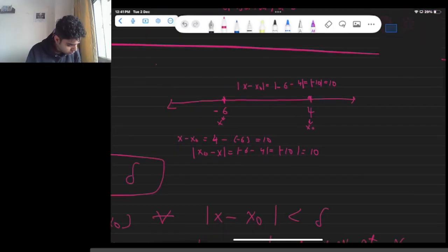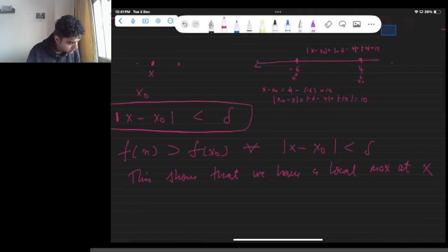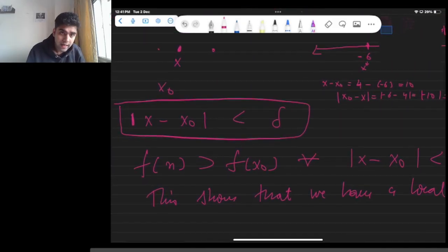And when I'm talking about this expression, that x minus x naught is less than delta, delta is any number which is tending towards 0, which is very close to 0. I have explained that x minus x naught is the distance, so the distance is less than delta. Since delta is moving to 0, this means the distance is very close to 0, right?